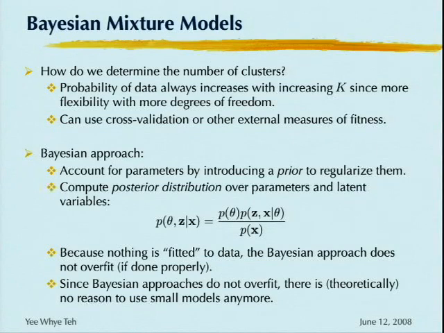Given a prior, you want to compute a posterior distribution over the parameters and your latent variables, which is given by Bayes' rule. If you compute this posterior distribution in a proper manner, you're not really fitting anything to your data. What this means is that the Bayesian approach does not really overfit your data at all, if you do it properly, of course.